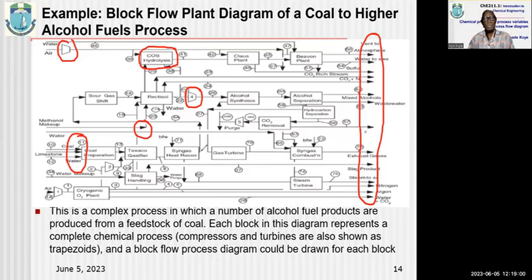Remember, the input is just indicated by the arrow, just like you can see here. These are typical inputs here. This is another typical input. So you look at this. I don't want you to tell me the name, just tell me. Tell me what the number of inputs, just count the number of inputs and then the number of outputs in this particular plant, a block flow plant diagram.